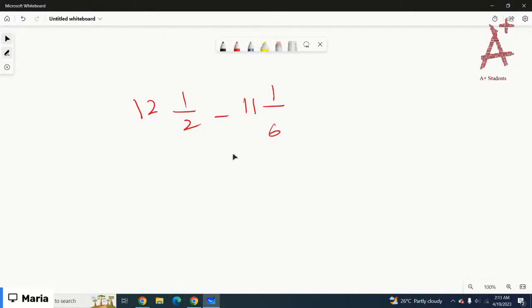So first of all, we need to make their denominators the same. We are going to use 6 as the common denominator. So you need to make the smaller denominator equal to 6.